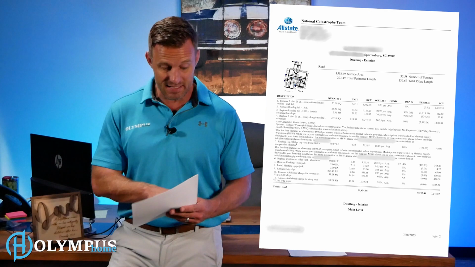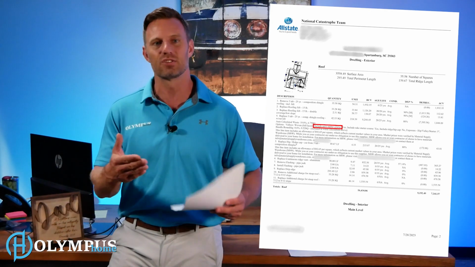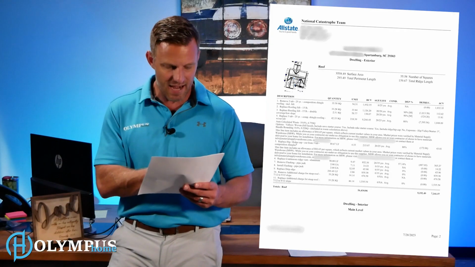When you're getting to the edge of shingles, when you're getting to valleys and things like that, you have to cut shingles to allow them to fit properly. That's where the waste factor comes in. And this insurance company, for instance, includes the starter course in that waste factor. So they build in a higher waste factor to account for the starter strip instead of leaving it on its own separate line item.